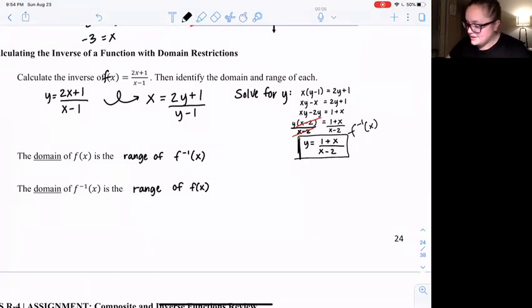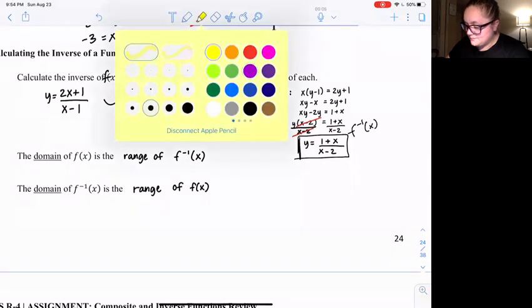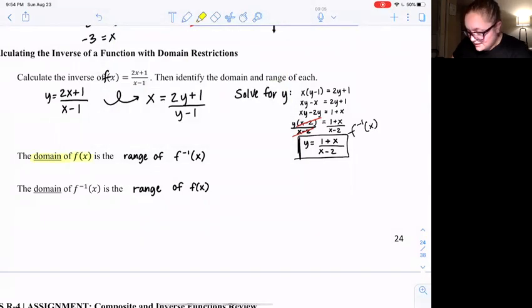So let's look at the domain of f of x. We're going to look at that denominator. What x value can it not be? I'm going to look at x minus 1. So 0 equals x minus 1.